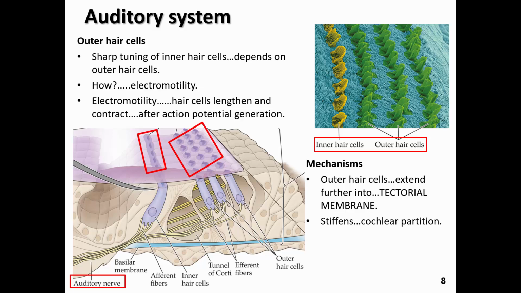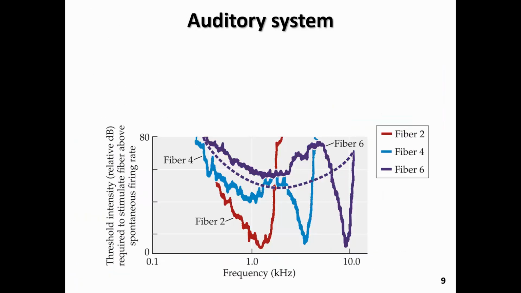It does, but a stiffer cochlear partition will make the inner hair cells and the tectorial membrane more sensitive to the transmission of those mechanical waves. So the inner hair cells do become more sensitive to those fine types of frequencies. And so that's what allows a sharper tuning between different sound waves that have slightly different frequencies.